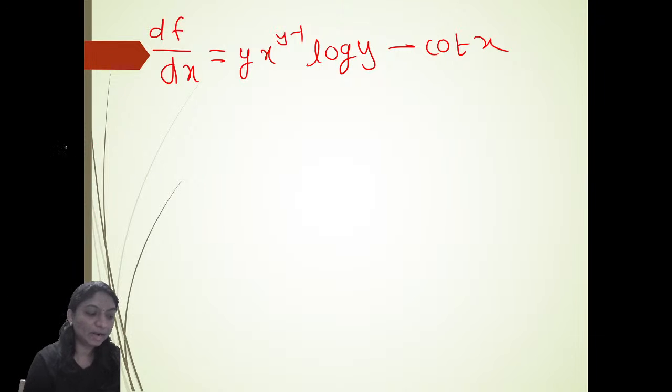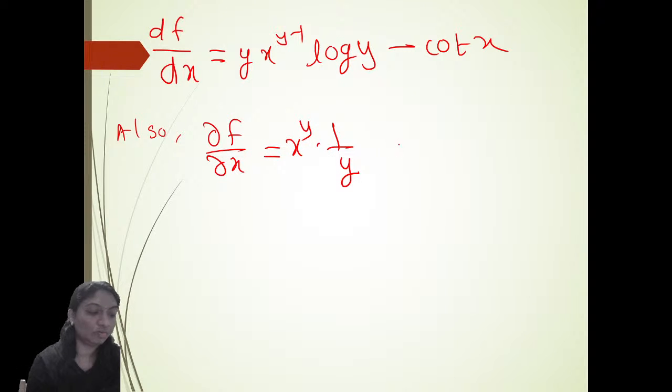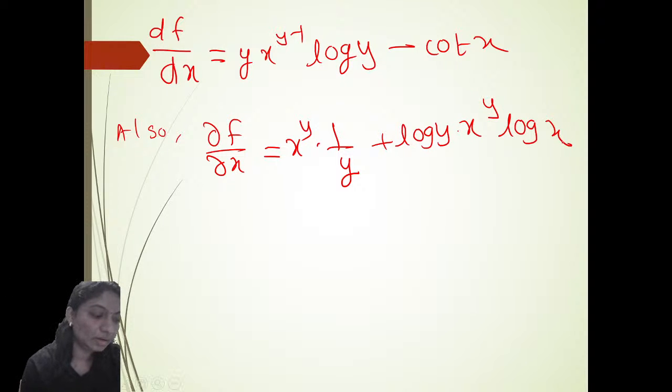Now del f by del x also, we will get del f by del x is equal to x raised to y into 1 upon y plus log y into x raised to y log x, right? So therefore we will write, we know that the total derivative dy by dx. So what is our dy by dx here?